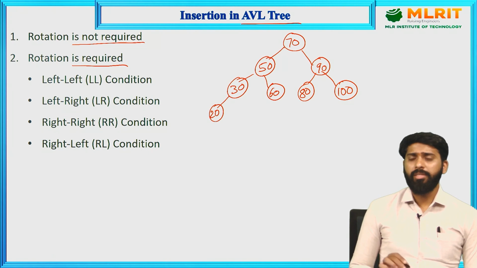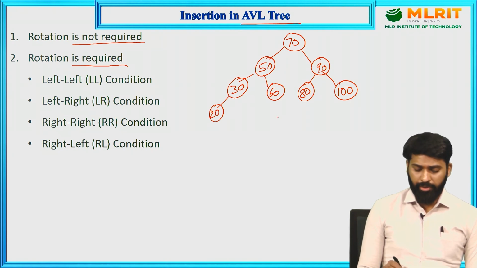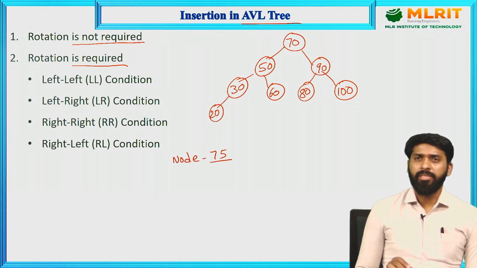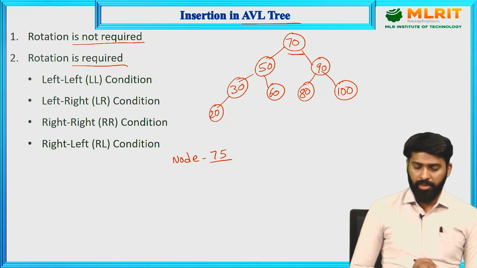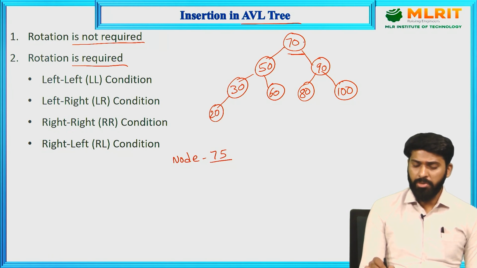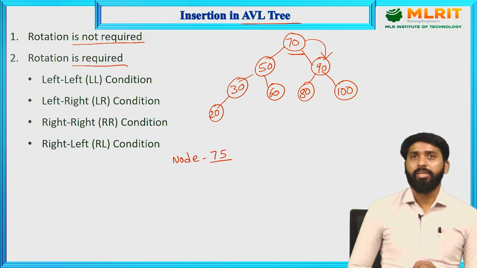So consider this AVL tree. Now I try to insert node 75. So what is the algorithm? Insert as like binary search tree. Now compare 75 with 70. Now 75 is greater than 70, so traverse to 90 here.